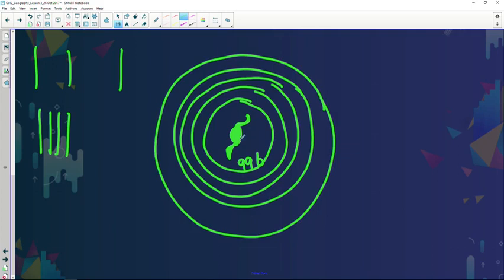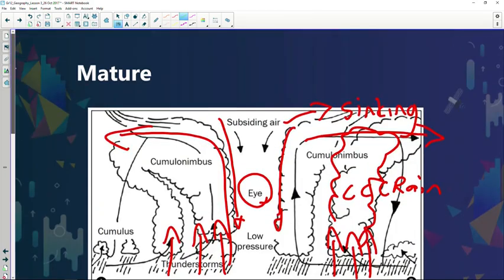Now, the I that you see over there, that's where the subsidence is, the sinking air. And around the eye, this area over here is known as the eye wall. That's where we experience the worst weather because of the strong convection, the uprising of air.